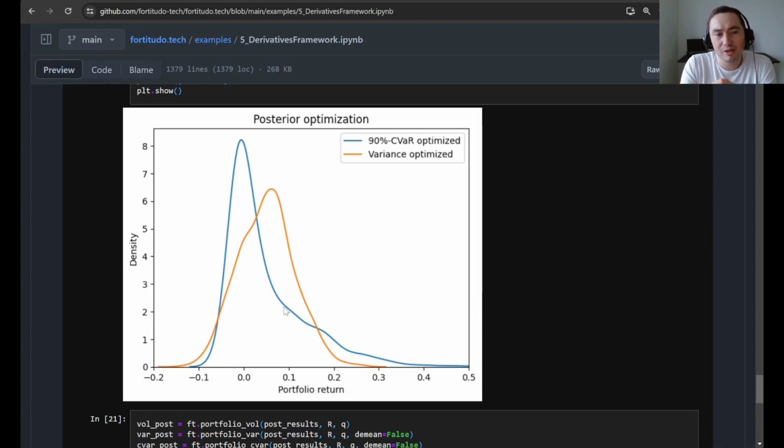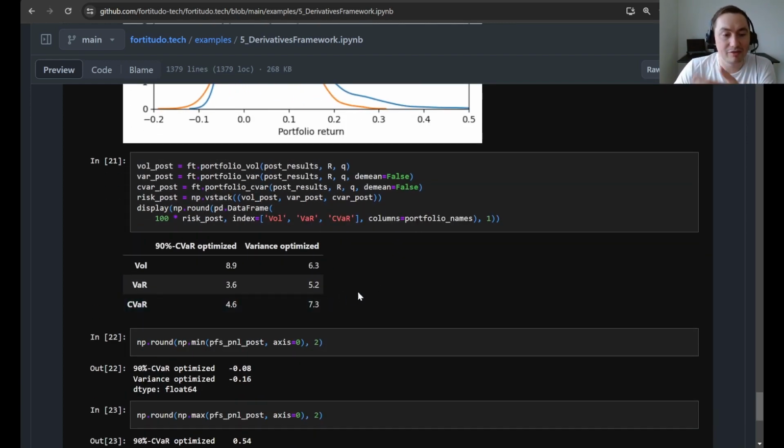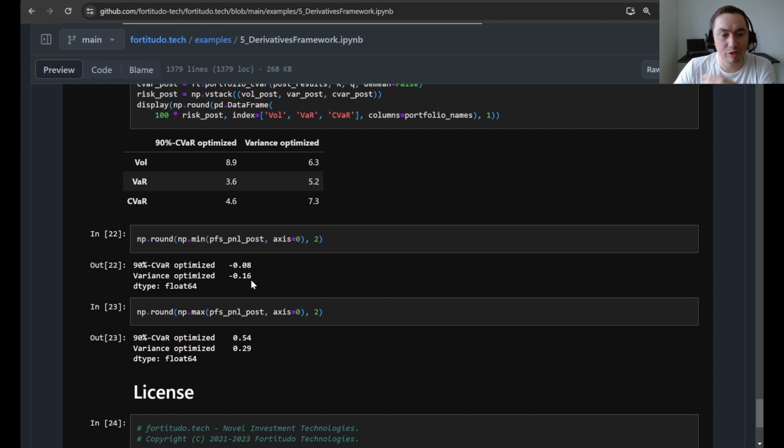You should also remember that these plots use kernel density estimates to illustrate these distributions, so they are more smooth than if you did a histogram, something like that. So it's also important for you to examine the numbers of these portfolio P&Ls more carefully, because sometimes the plots can be a bit misleading because they do some smoothing in the estimates here. But then finally we compare the volatilities, the variances, and the CVARs, and then maximum and minimum return and things like that.